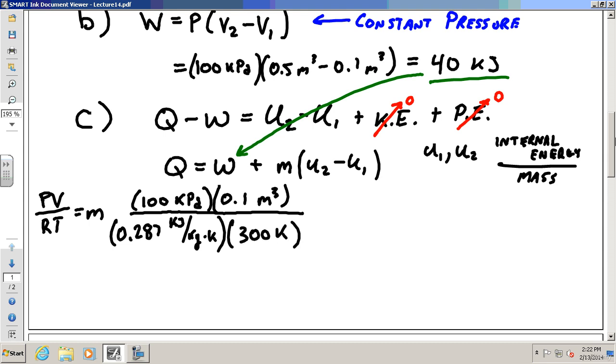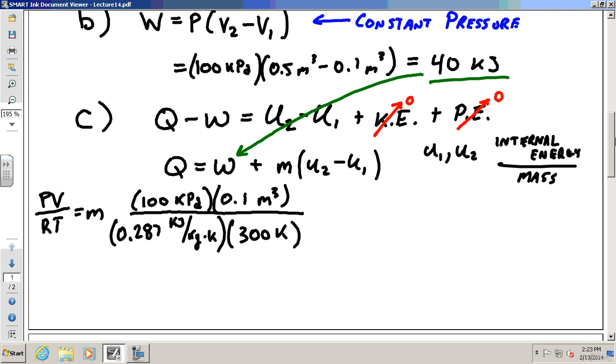Now, if you take a look at those units, you've got kilopascals times meters cubed divided by kilojoules per kilogram K times K. I think anybody can visually inspect that, and obviously the answer is in kilograms. No, I joke. It's probably not that easy for you to see that the units work out to be kilograms, but they do. Notice you have kilopascals on the top and kilojoules on the bottom, so the kilos cancel, and the kelvins cancel here.